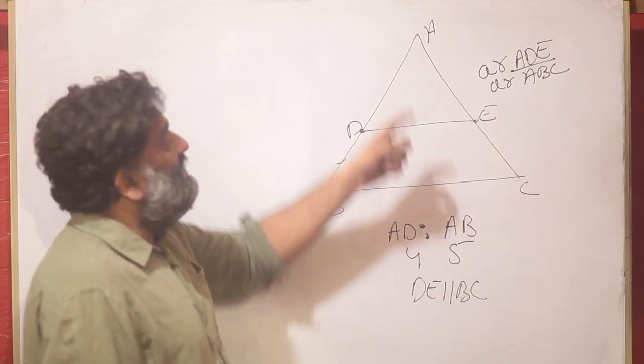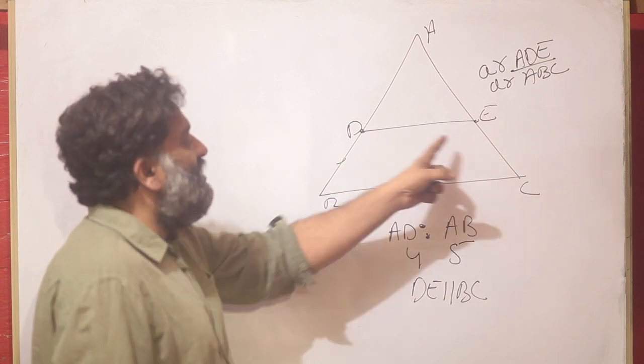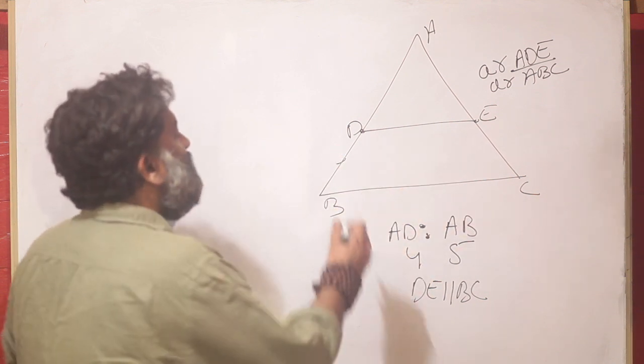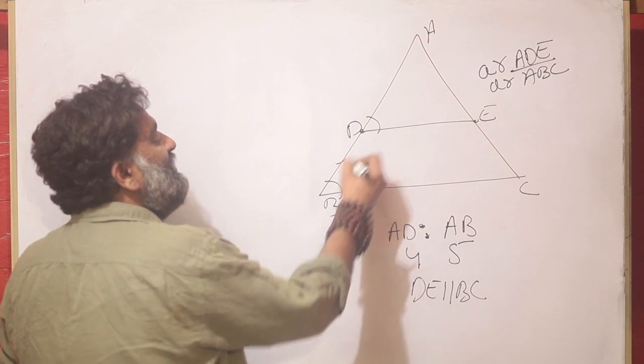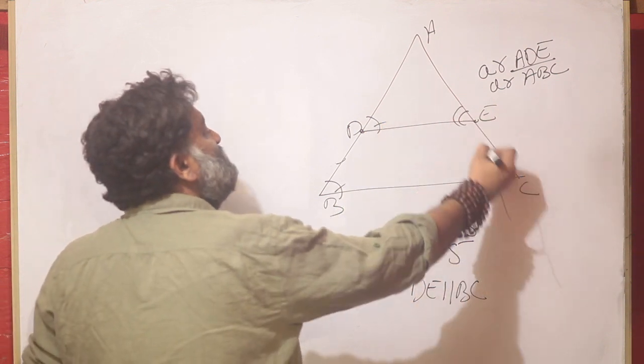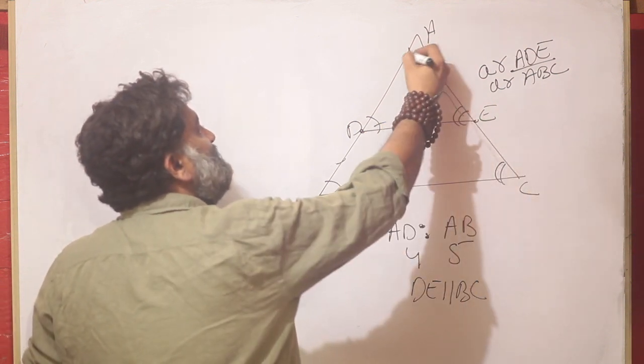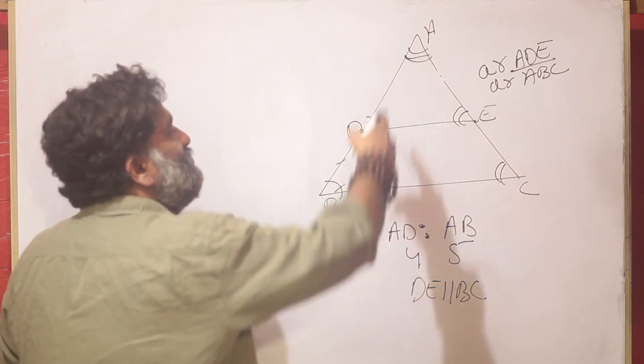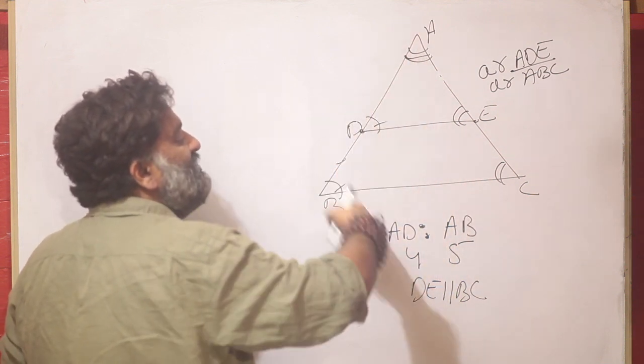So same story, there is a triangle ABC. I draw a line DE parallel to BC, which very quickly makes these two angles equal to each other, these two angles equal to each other, and this is the common angle. So the small triangle is similar to the big triangle.